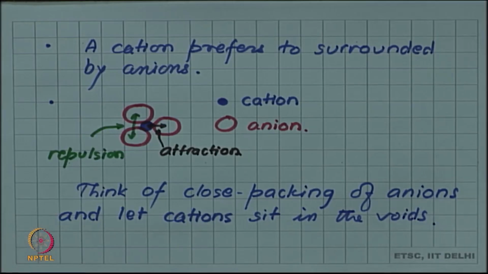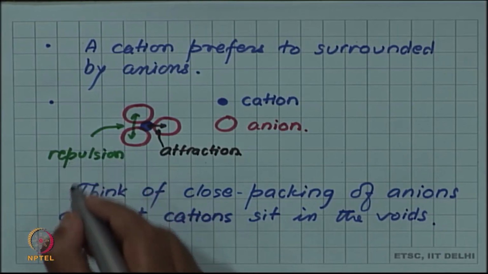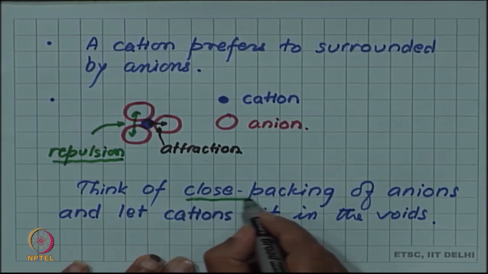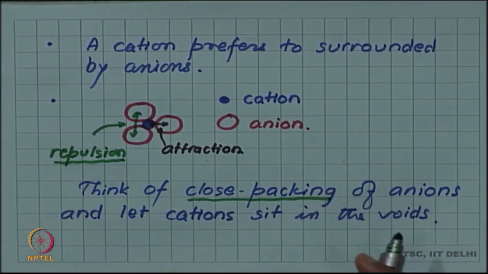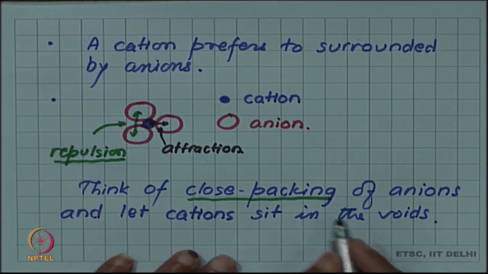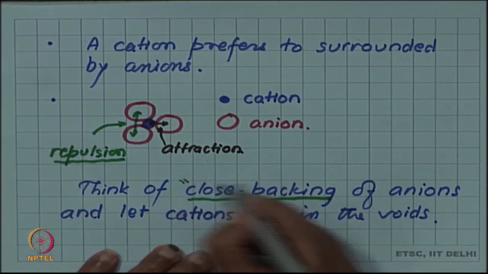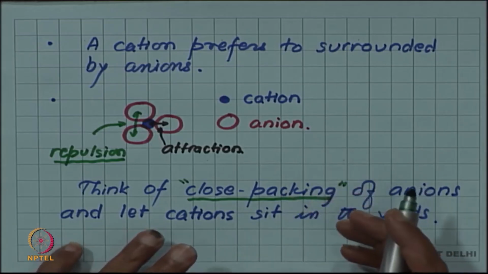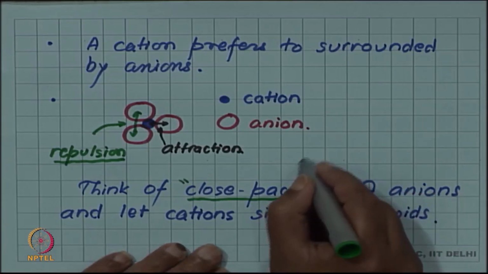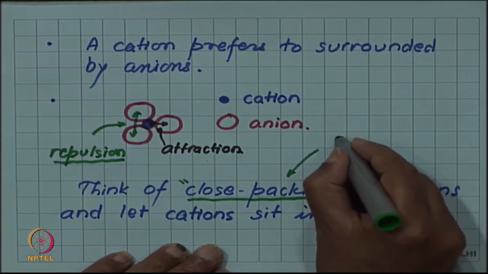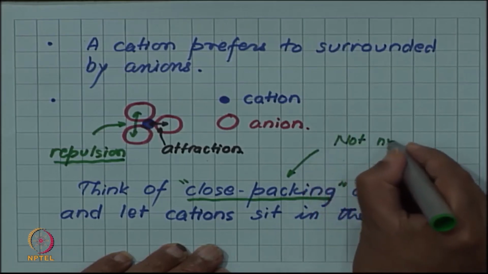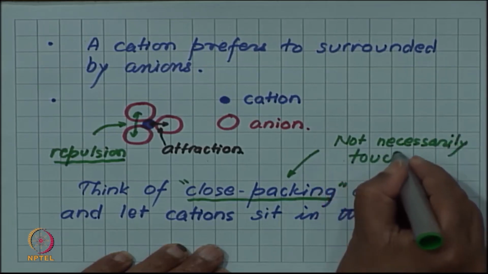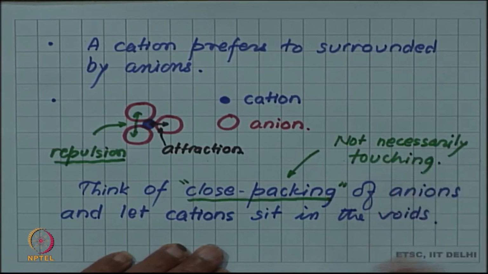Now, it will not be exactly close packing, because remember we are saying that there is repulsion, and we are also saying close packing, which means they will be as close as possible. So, because of this repulsion, it will not be exactly close packing, but something like close packing. Anions can come close, but they need not necessarily be touching. So, let us mark that: close packing, but not like metal, not necessarily touching.